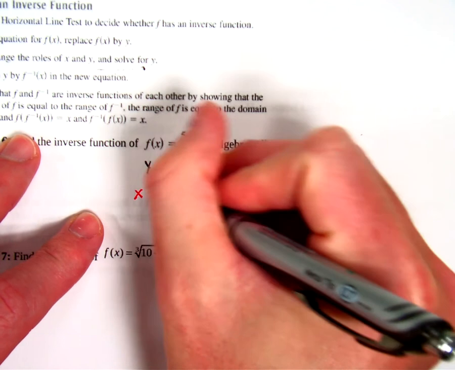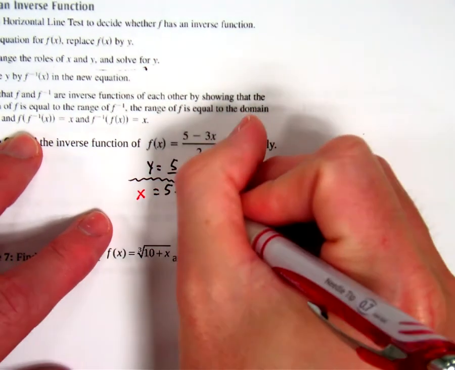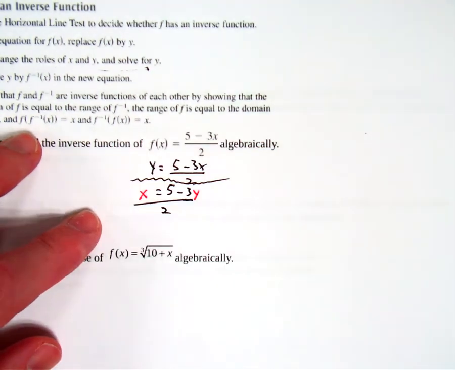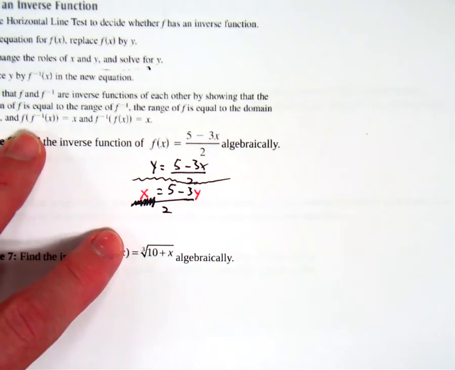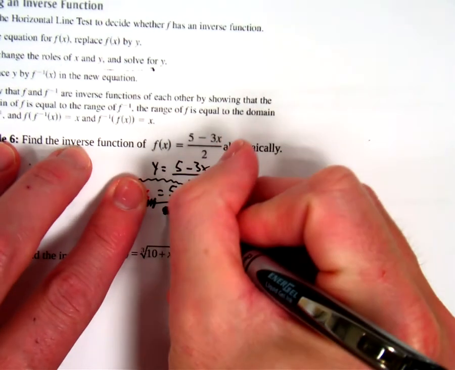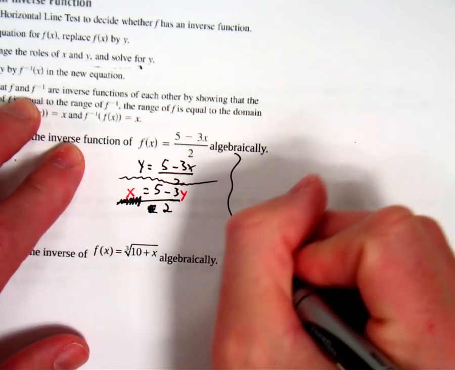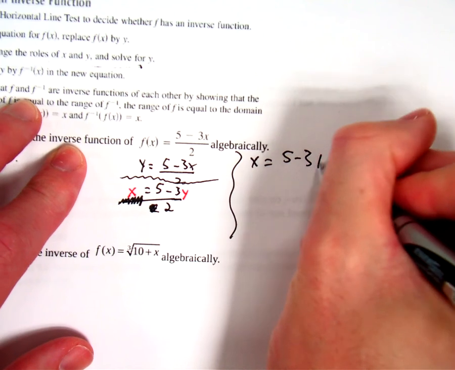Should have left more space. 3y over 2 and solve. That's not over there. All kinds of mistakes, Mr. Handke. That 2 is only over here. x equals 5 minus 3y over 2.